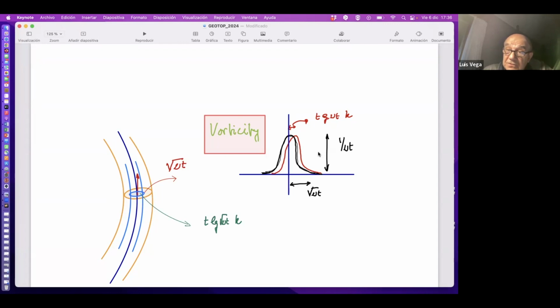But due to the curvature, a perturbation appears that tilts and shifts the Gaussian a little bit and moves it in the direction of the normal. What is important is how big this distance is. This distance is much, much smaller than the viscous scale. It's of the order t log of nu t times the curvature. The curvature in my case is of order 1, so essentially this is the relevant parameter.